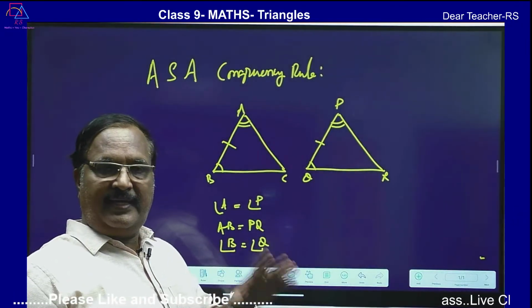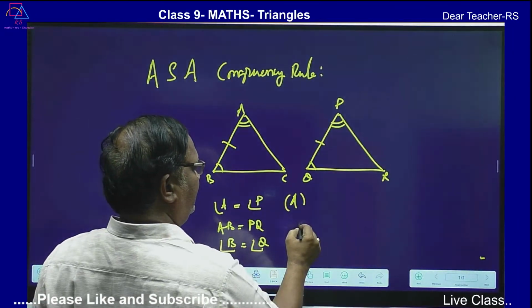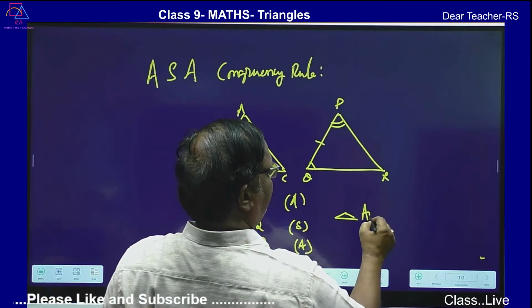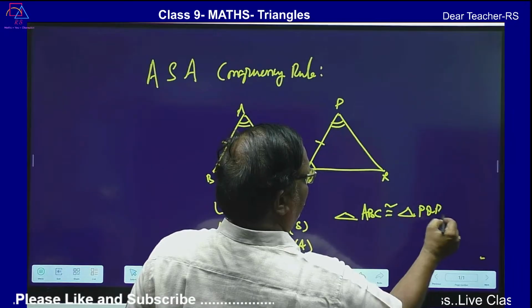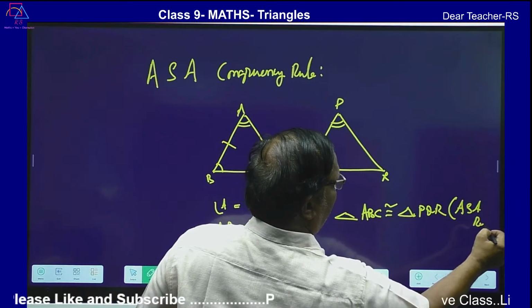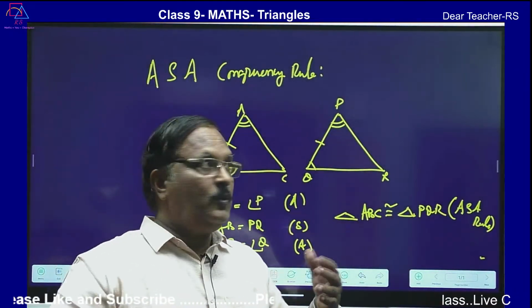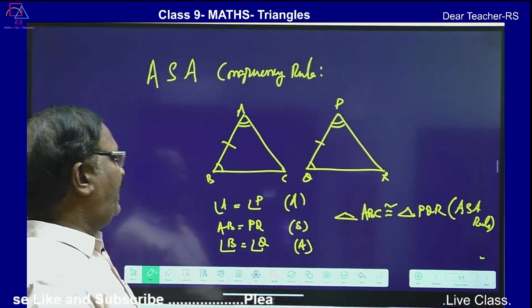So we say that it is ASA: angle, side, angle. So triangle ABC is congruent to triangle PQR by the ASA rule. This is how the ASA congruency rule is to be applied.